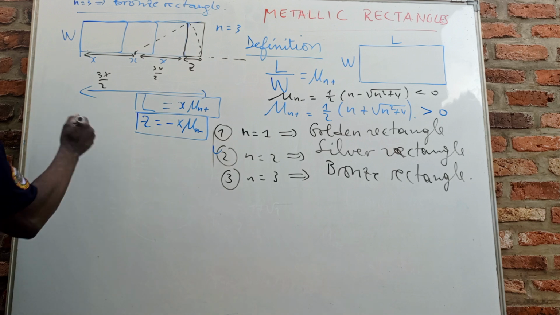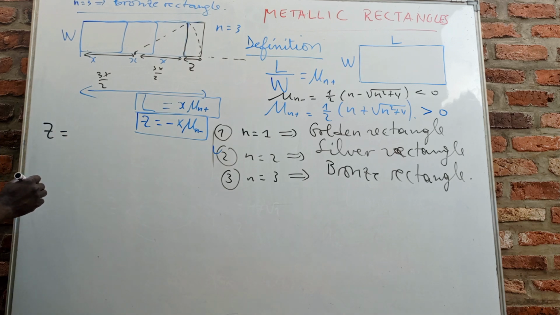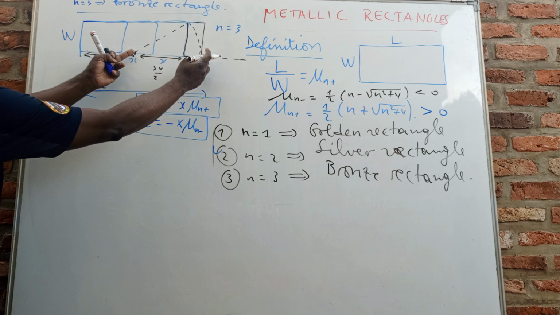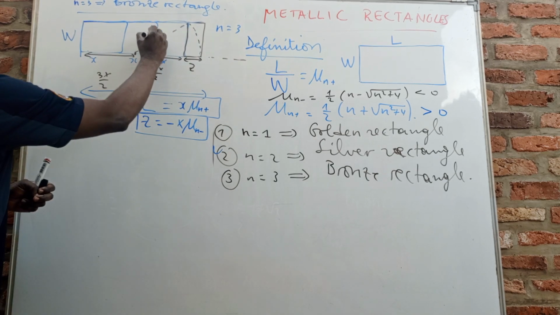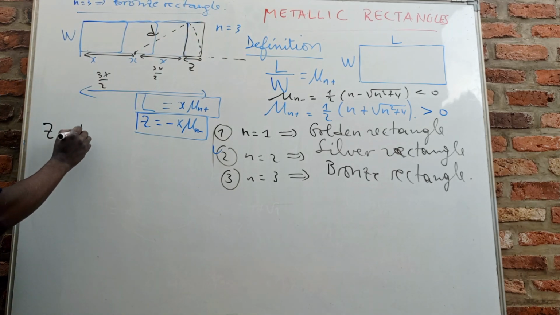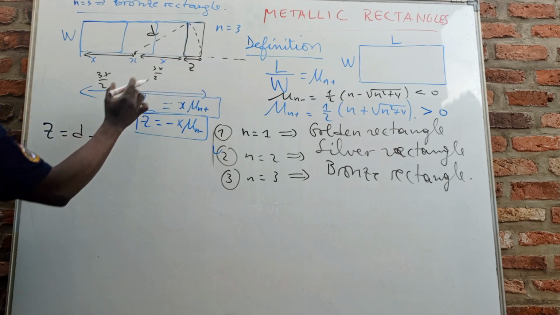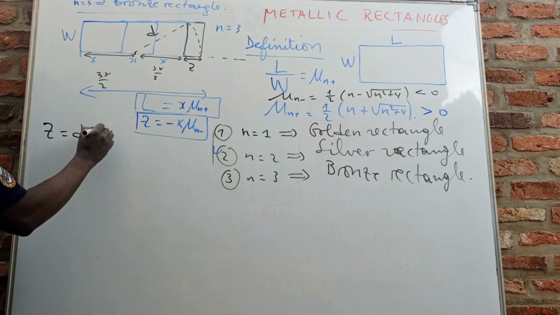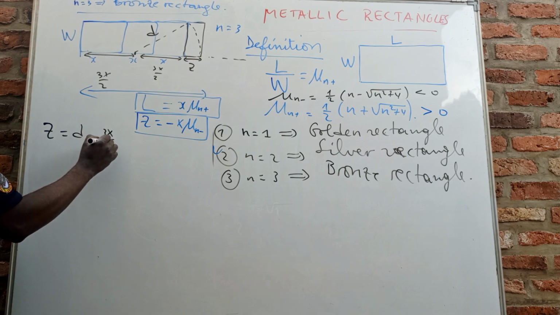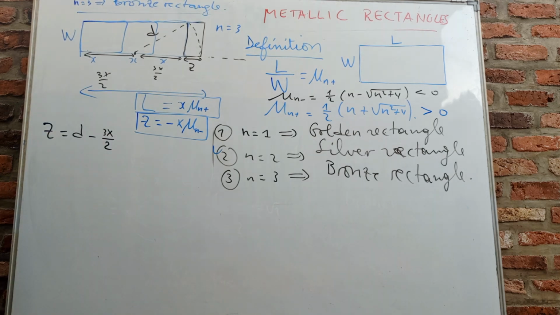So z here is equal to the diagonal D minus 3x over 2, 3 half x. Okay, so now what is this?